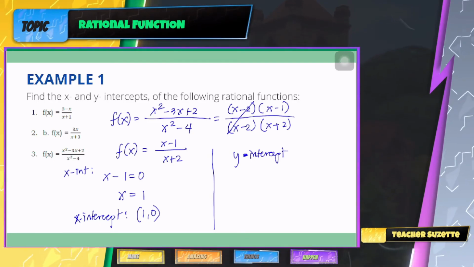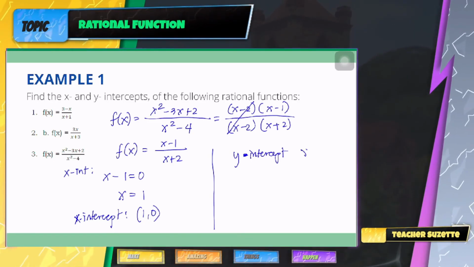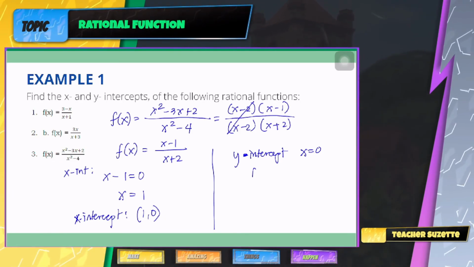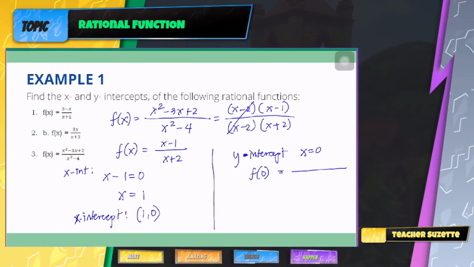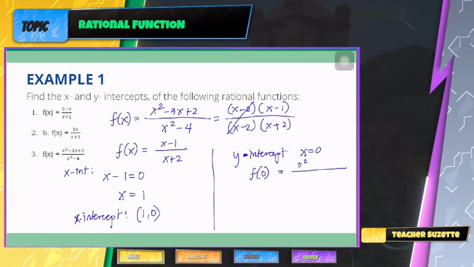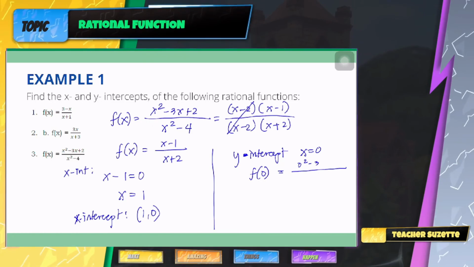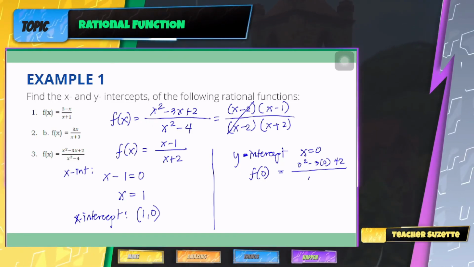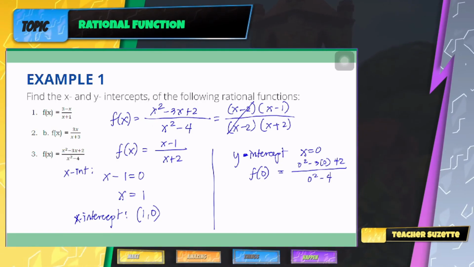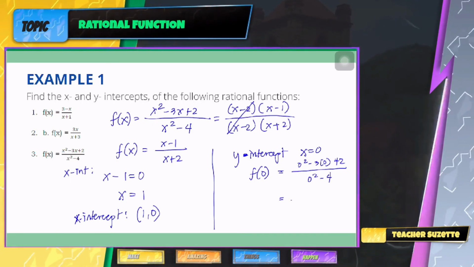While our y-intercept, ganun din. Ang gagawin natin, dun sa ating mga previous example, we let x be equal to 0. Then, you will have f of 0 is equal to, substitute mo lang, or evaluate mo lang yung mga zeros mo. 0 squared minus 3 times 0 plus 2 over 0 squared minus 4. And 0 squared is 0.